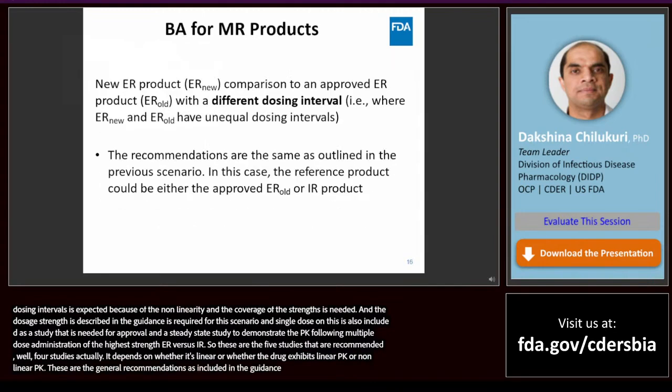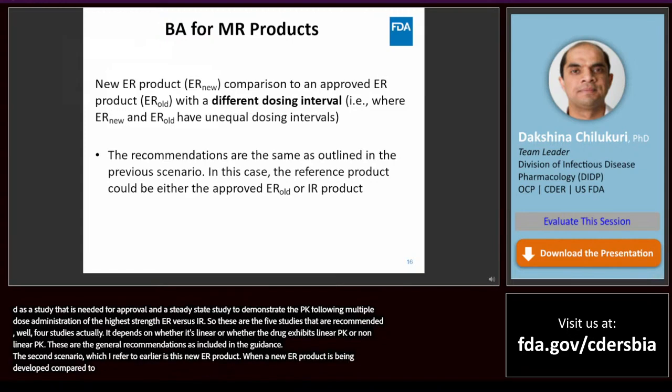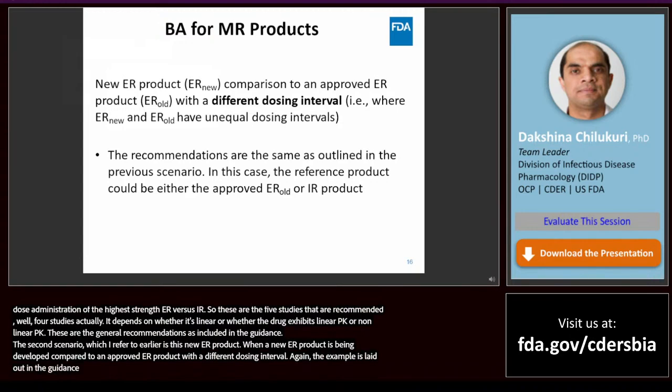The second scenario, which I referred to earlier, is this new ER product. When a new ER product is being developed and compared to an approved ER product with a different dosing interval. Again, the example is laid out in the guidance, so here specifically the ER new and ER old have unequal dosing intervals.